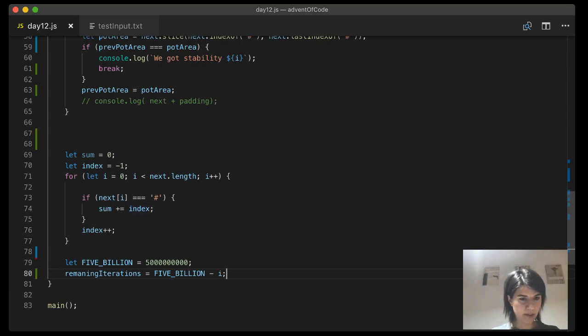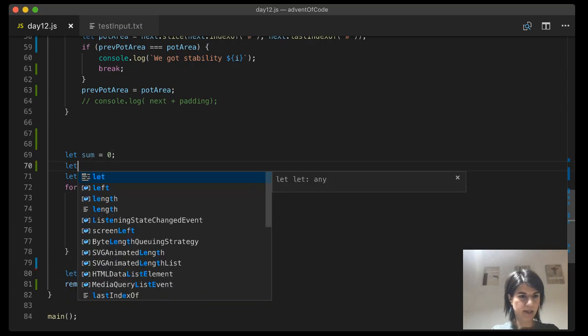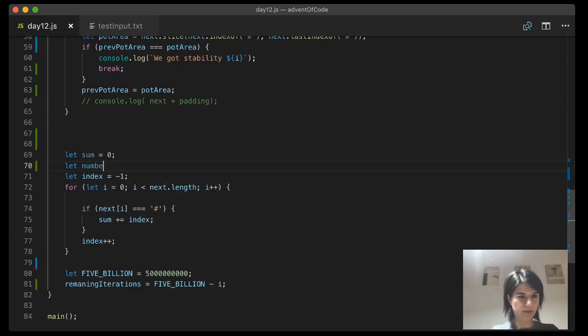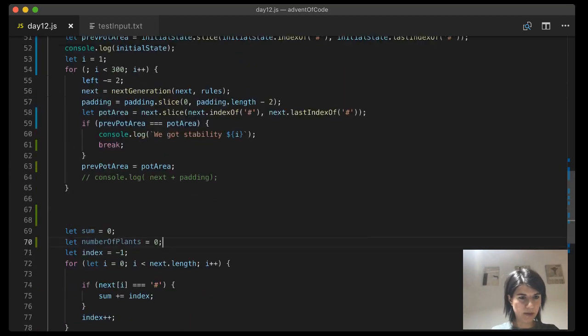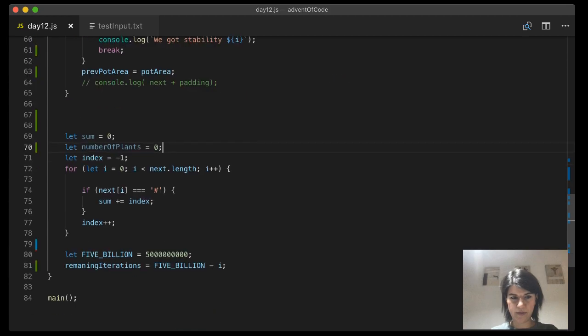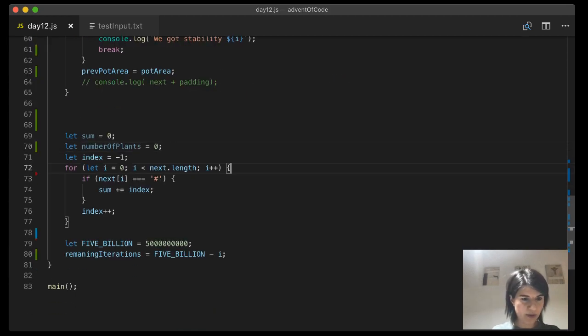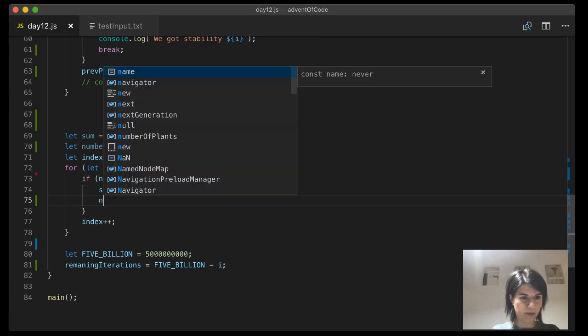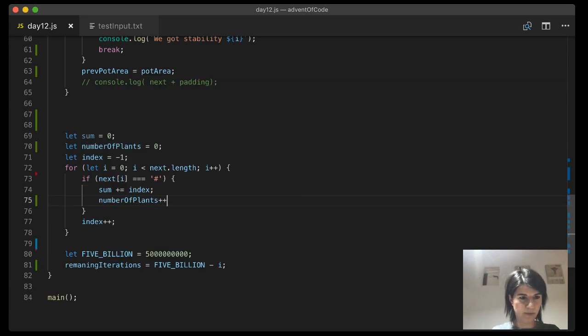Sum plus equals index, let number of plants equal 0. So this is really the plant area and not the pod area. And if we found a plant, we want to do number of plants goes up. Yep.